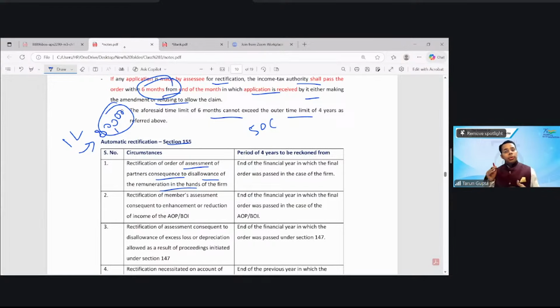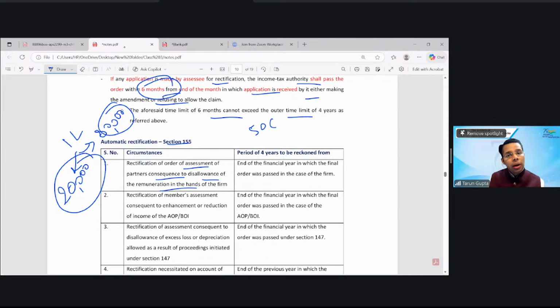But in the case of assessment of the firm, subsequently, the disallowance exceeds: instead of 80,000 allowed, the AO, or the appellate authority, allows only 20,000 rupees. Now only 20,000 should be taxable in the hands of the partner. And therefore, the assessment of the partner, or the return of the partner, requires rectification.